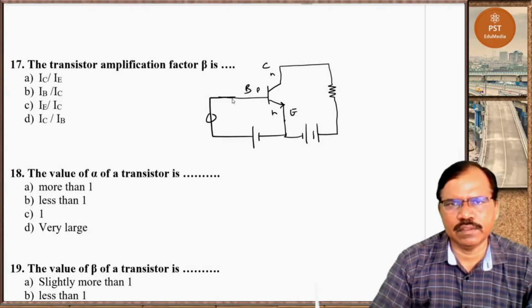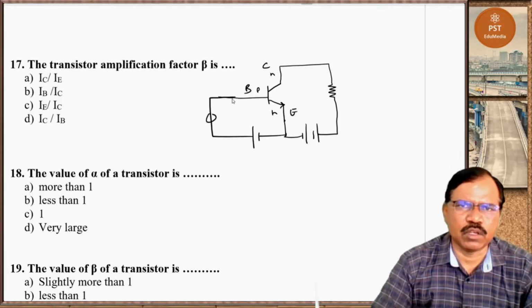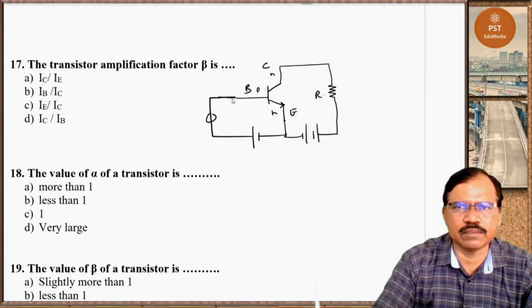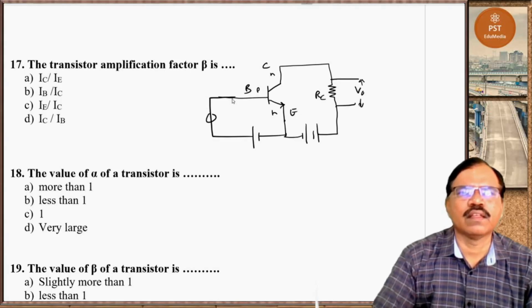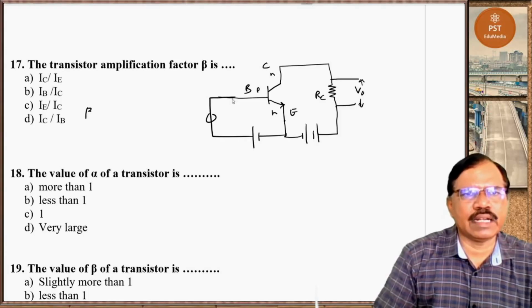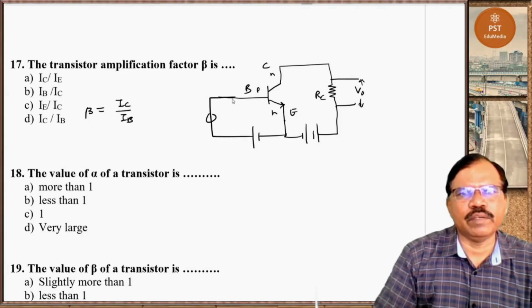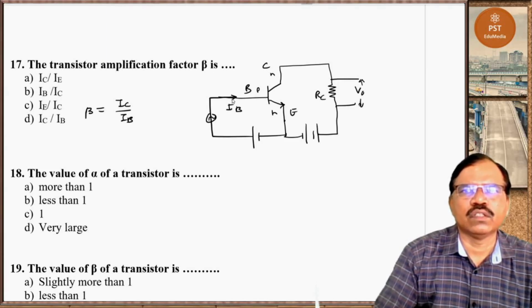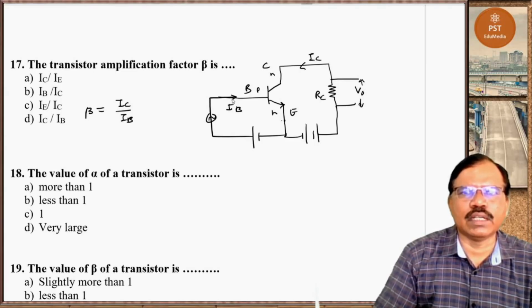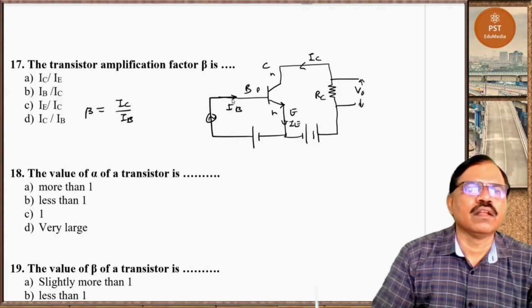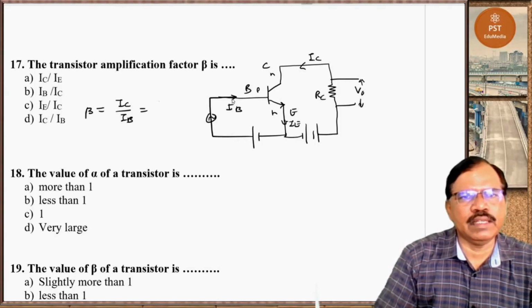Here we give signal. Base emitter junction is forward bias, collector base junction is reverse bias, and we take output here. So here amplification factor is given as IC upon IB. So when we change input, input current changes. Due to that, output current also changes. So beta is equal to IC upon IB, or you can take delta IC upon delta IB.